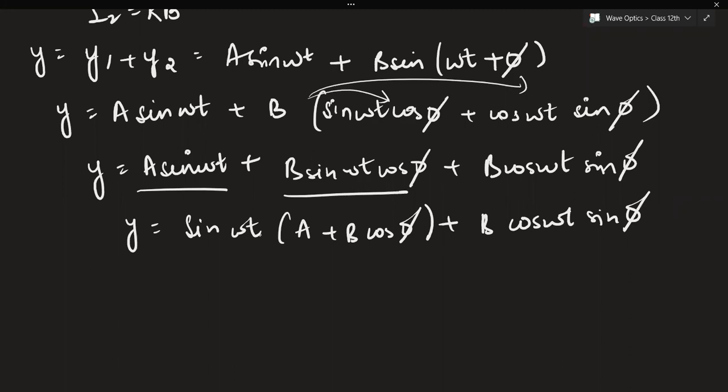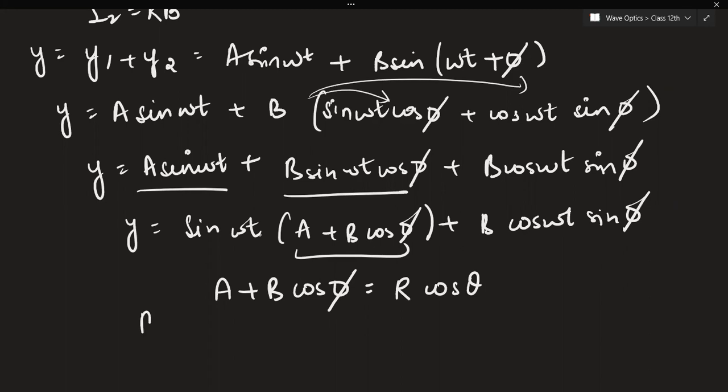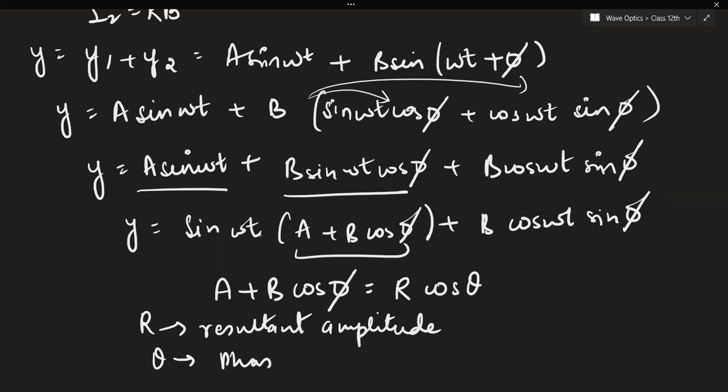Now see, this term A plus B cos phi, let's say this is some R cos theta. Let's say R is the resultant amplitude.